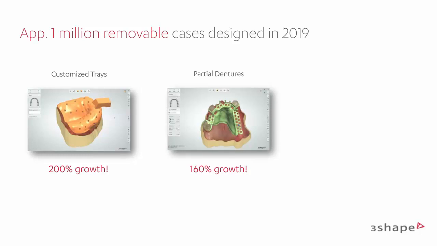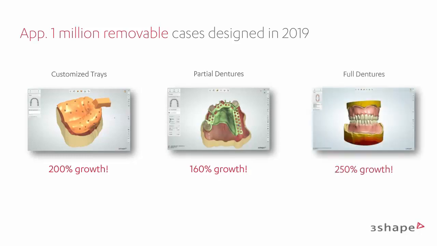And we will be hitting around 100,000 full dentures, growing 250% this year. So digital removables are not a dream anymore. It is reality. It's here and it's now, and it's just about getting started.